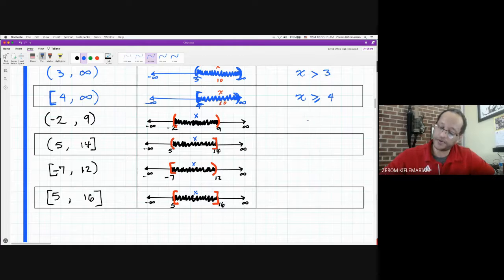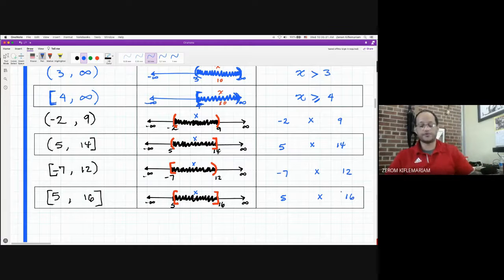So I am referring to X in relationship with between -2 and 9, between 5 and 14, -7 and 12, 5 and 16.